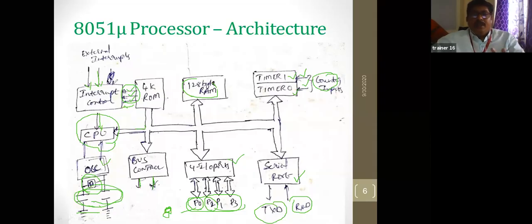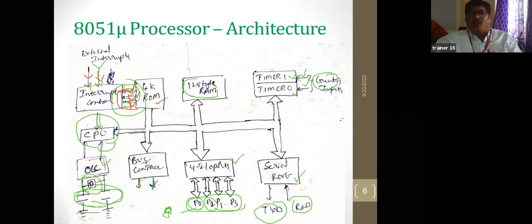In this interrupt control, there are 2 external interrupts and 3 internal interrupts. These are the 3 internal interrupt sources, and these are the 2 external interrupt sources, and 4K ROM, 128 byte RAM.